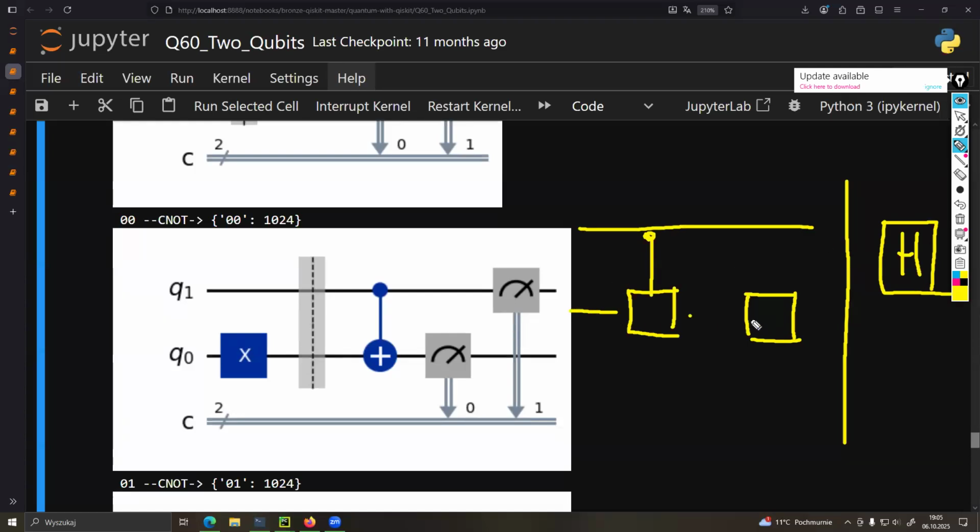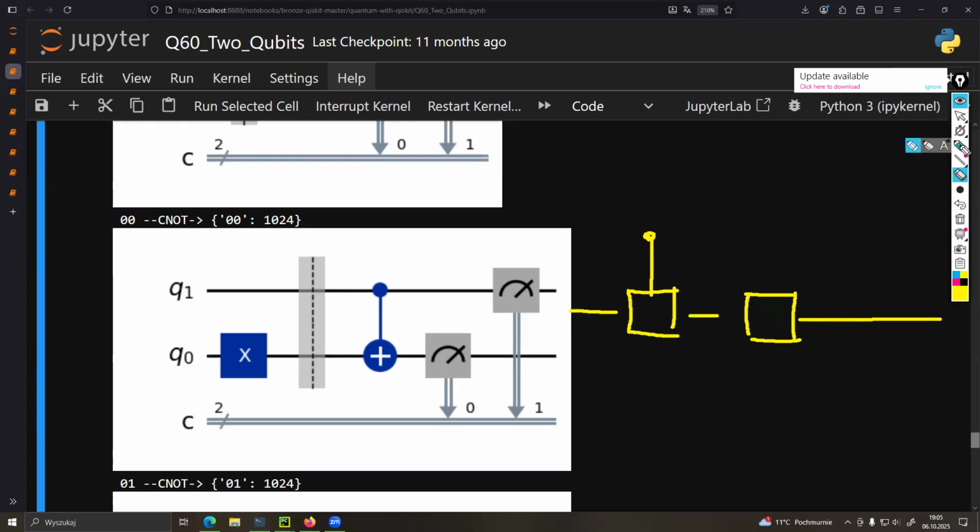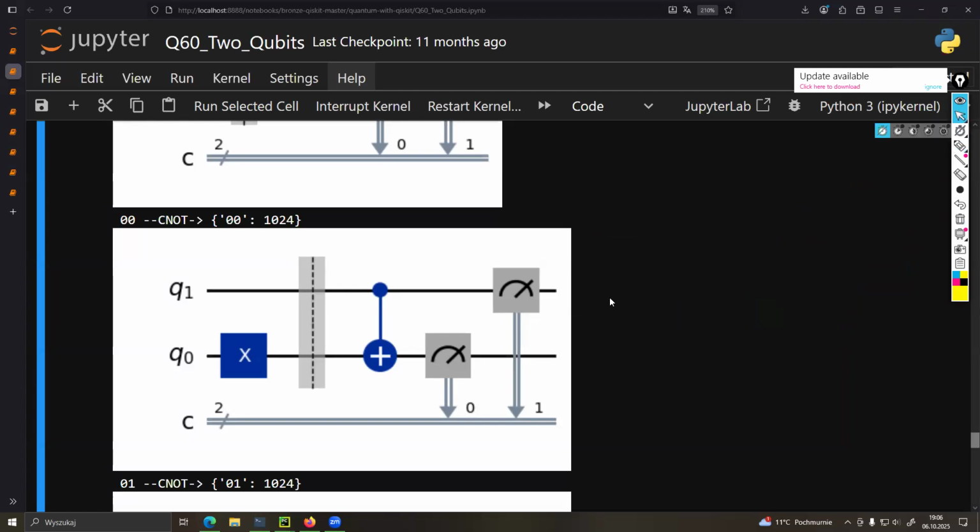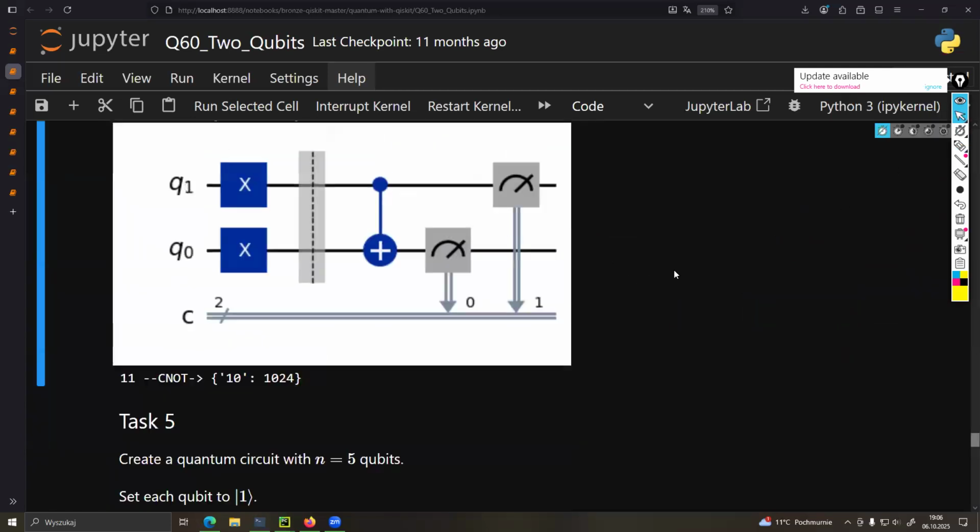So this barrier doesn't allow this operation to come into this slot. If there is no barrier, then this Hadamard would happen already here. So this is the difference between a no barrier and barrier instruction when you make it on the actual hardware.